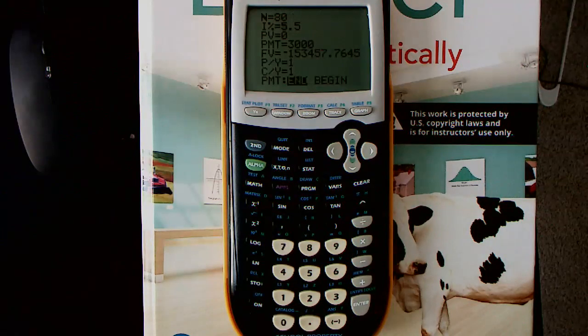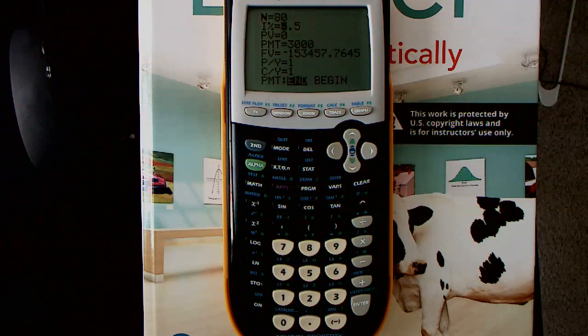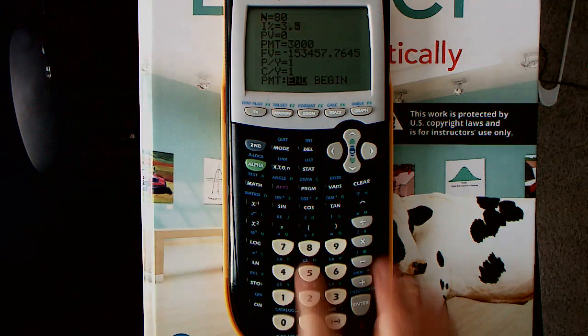So your capital N, your big N, is going to be 80. So you are going to deposit payments 80 times, every 6 months. That is also the number of times your interest will be compounded in the account. Annual interest rate 3.5.